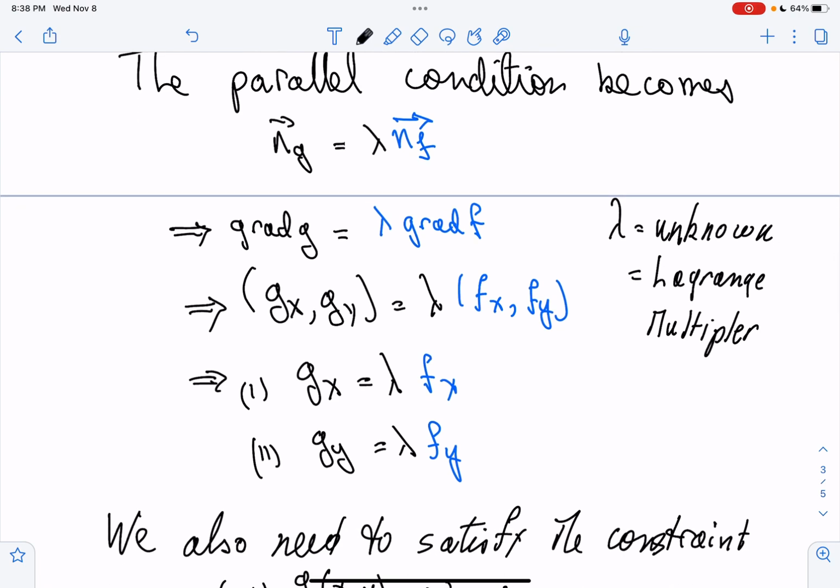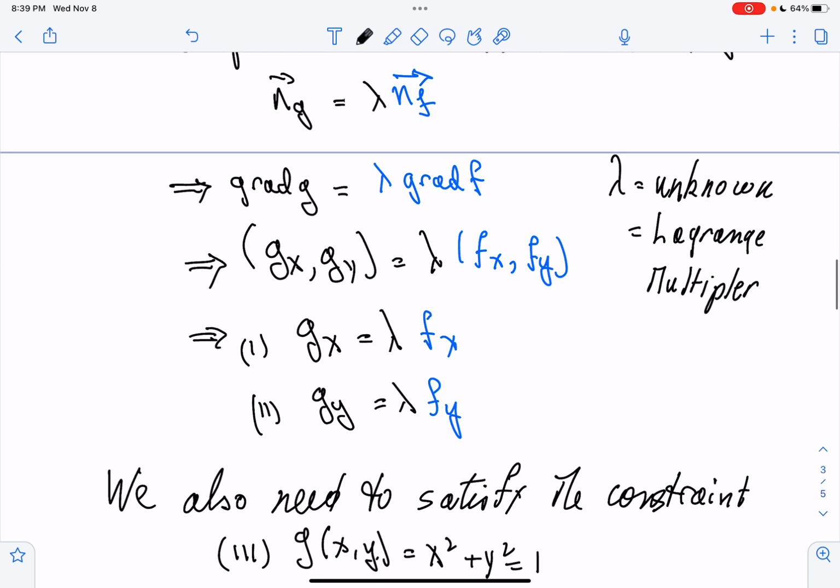So if gradient G is lambda times gradient F, and we write gradient G as the two partials gx comma gy is equal to lambda times fx comma fy, the first parts of the vectors have to be equal, and so do the second parts. So that means gx has to equal lambda fx. That's one. And the second equation is that gy is equal to lambda fy.